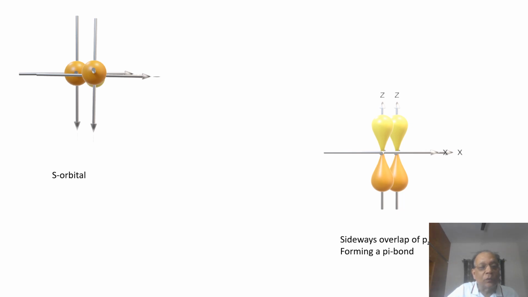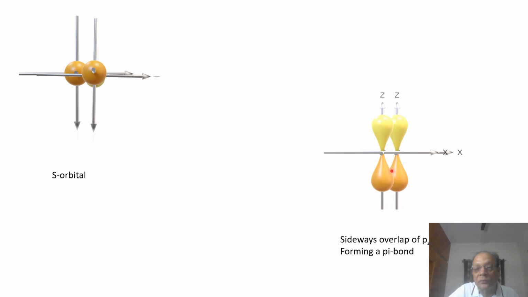This is s orbital, so two s orbitals will overlap, forming a sigma bond, whereas two pz and pz orbitals over here are overlapping sideways so that the internuclear axis is perpendicular to the orbital axis, the bond axis.